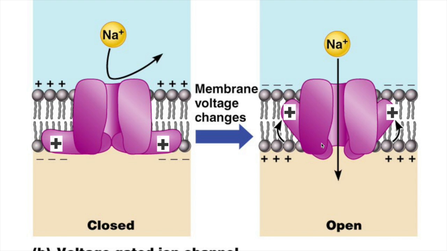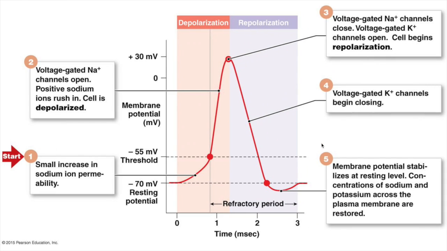Now we're going to talk a little bit about action potential generation. We're just going to introduce this right now. So at rest, the cell is about -70. A charge reversal begins with a small increase in sodium permeability up to a set threshold. And this is the threshold right here. It's different for different cells, but about -55.